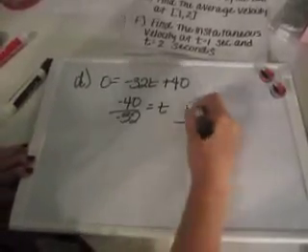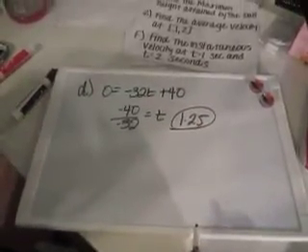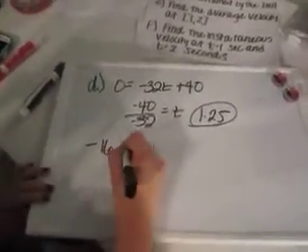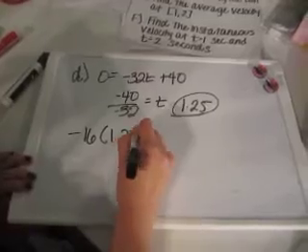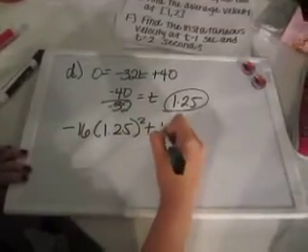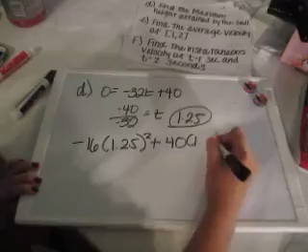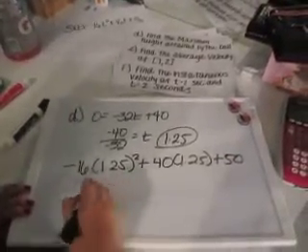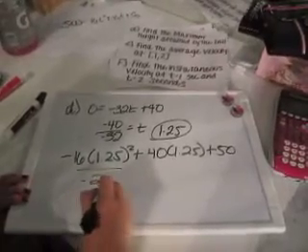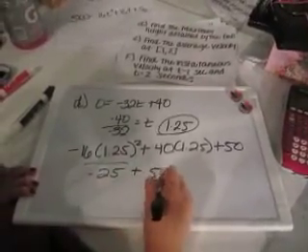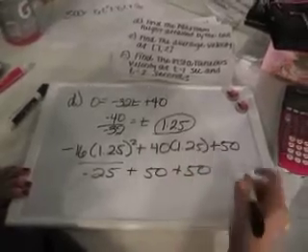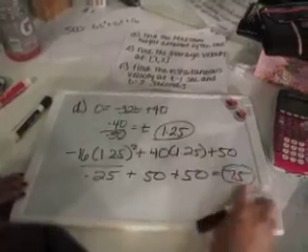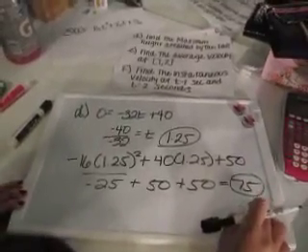And now this will be plugged into the original function, which is the position function: negative 16 times 1.25 squared plus 40 times 1.25 plus 50. This will give us negative 25 plus 50 plus 50, and altogether will be 75. So this will be the maximum height attained by the ball.